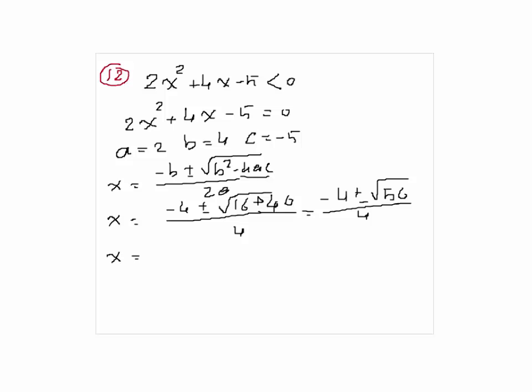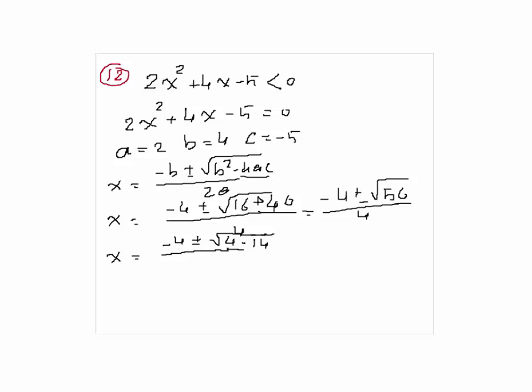To make it better, I'm going to do one more step to simplify it. So I have negative 4, plus or minus the square root of 56. 56 doesn't have a square root, but I see that 56 can be factored as 4 times 14.